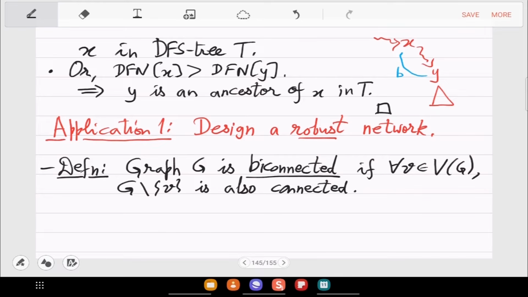And I should say that we are looking at a connected, undirected graph.